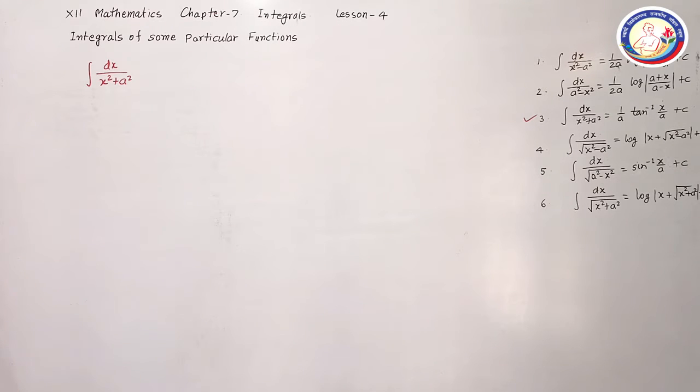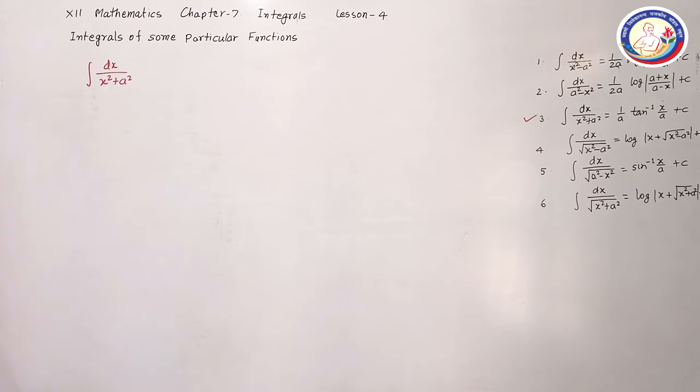So we can substitute here in place of x tangent theta. If we put here tangent theta, then tangent square theta and a square will be common and it will be 1 plus tan square theta.